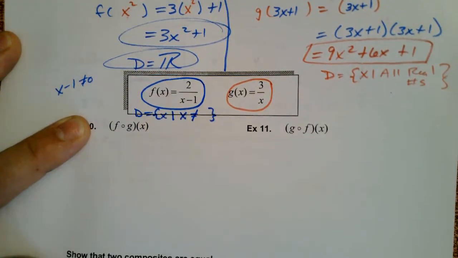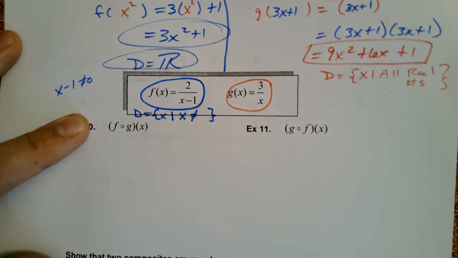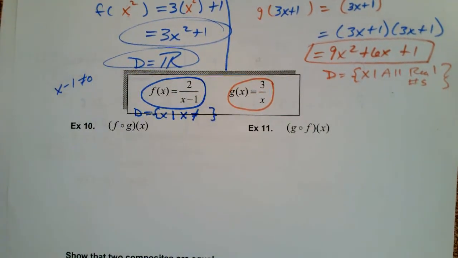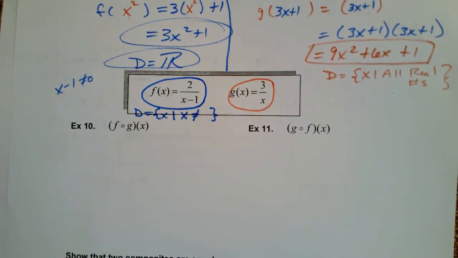What makes x minus 1 0, y'all? Shout it out. What do you think? What makes your denominator 0? Show me your fingers. Just don't give me the middle one back.